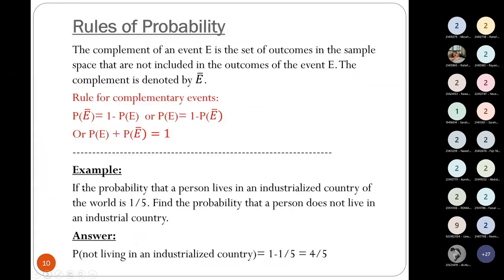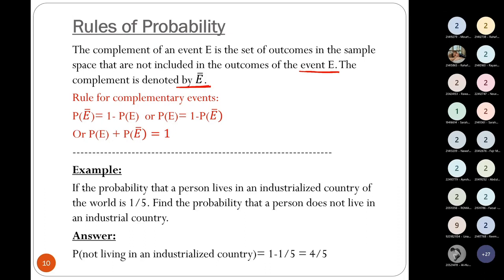Look at the rules of probability. We have many rules. The first rule is for the complement. If we have event E, this is the complement E bar.